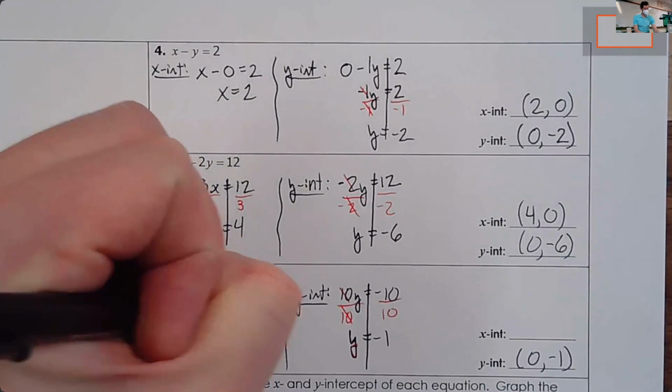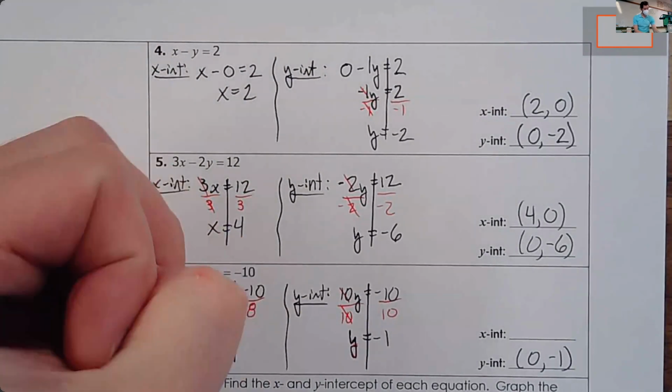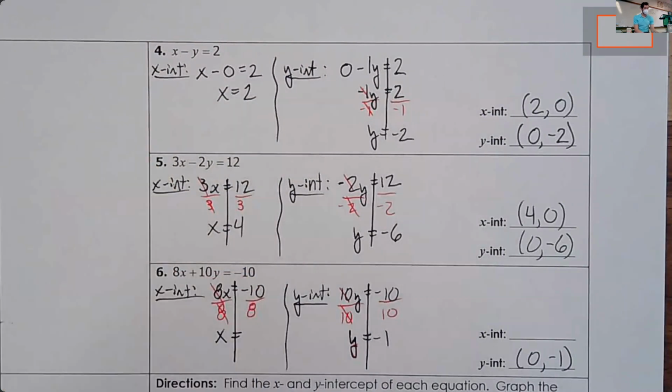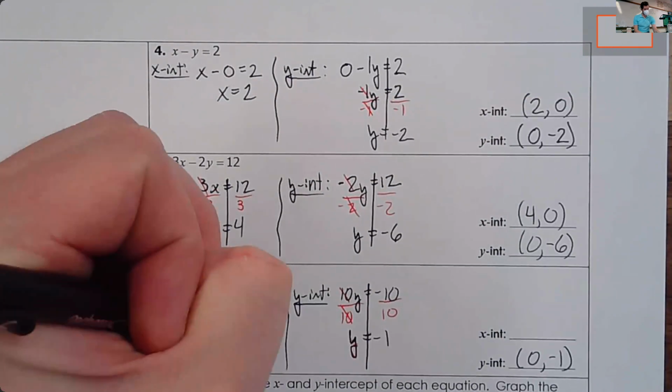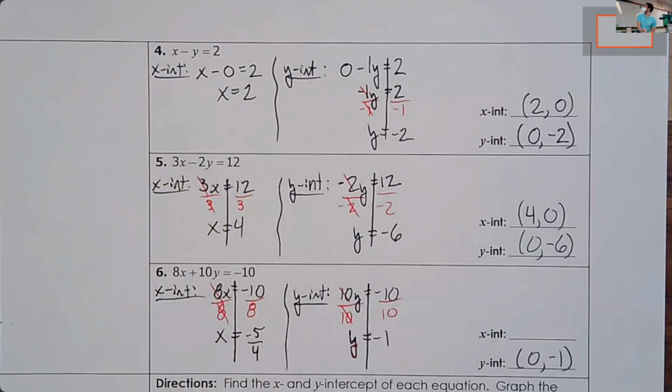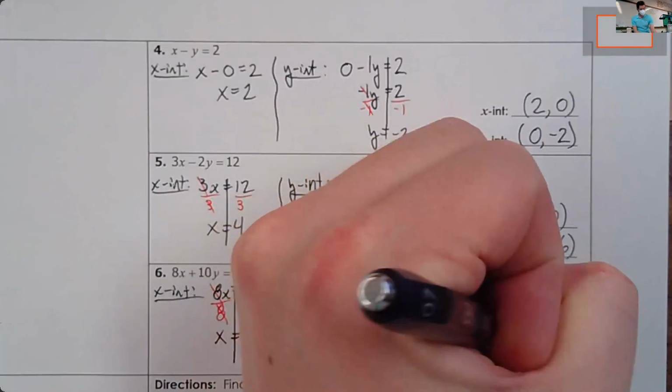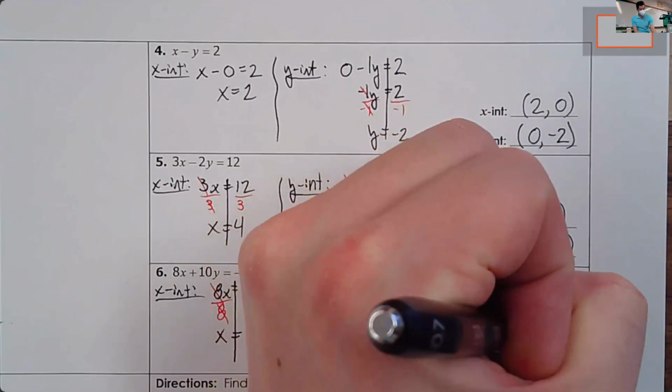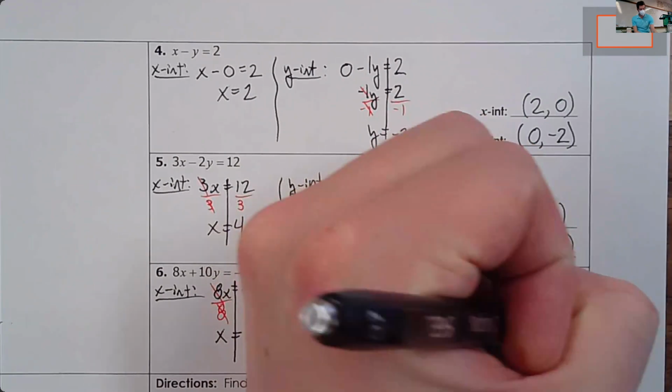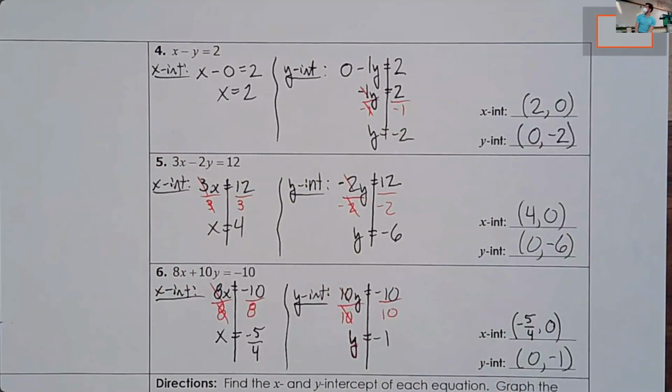Divide by 8 on both sides. And x is equal to -10/8, which is not a whole number, but it does reduce to -5/4. So the x-intercept would be (-5/4, 0). So those are the x-intercept and the y-intercept for number 6.